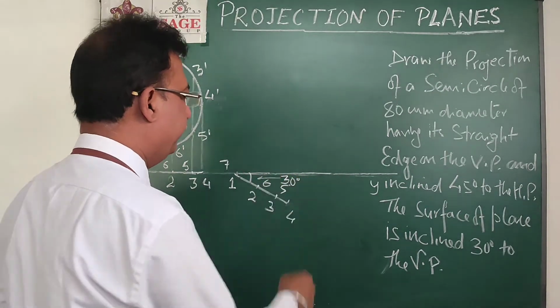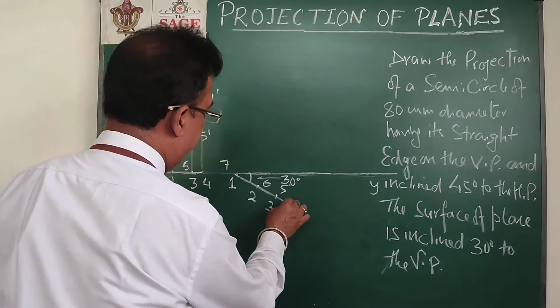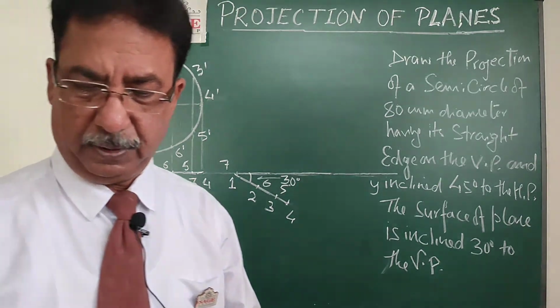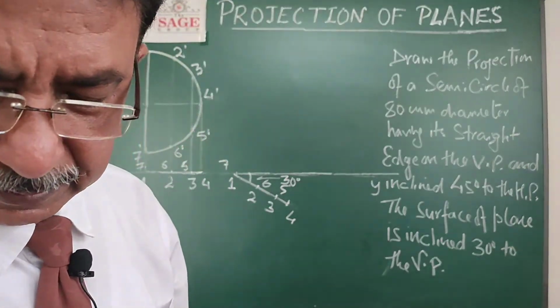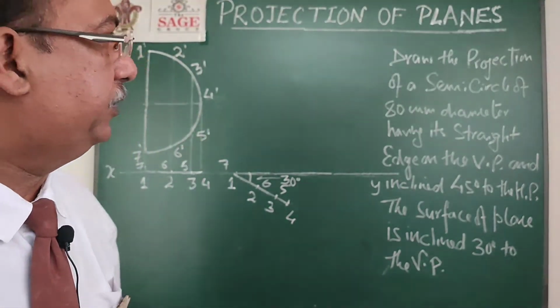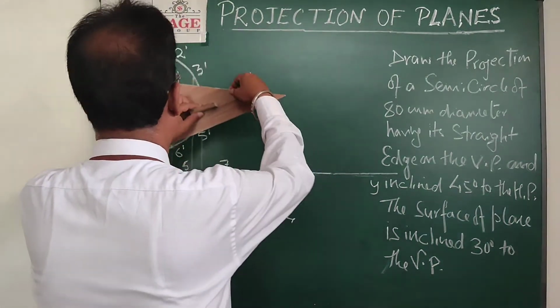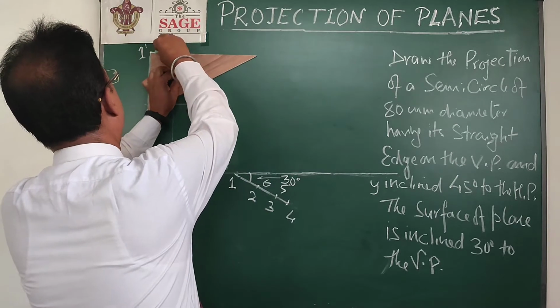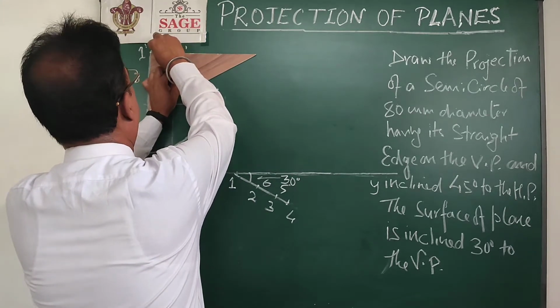Now with the help of this figure I will draw the front view. As you know, when the plane is inclined to VP, the distances of the top view will change, but the distances of the front view remain the same. So we will draw projectors, locus lines from the first figure like this.